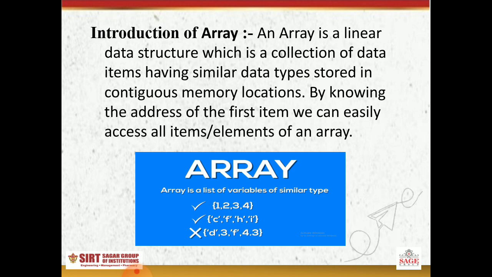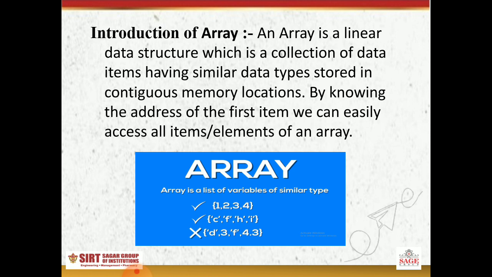What is array? An array is a linear data structure which is collection of data items having similar data types stored in contiguous memory locations. By knowing the address of the first item, we can easily access all items or elements of an array.